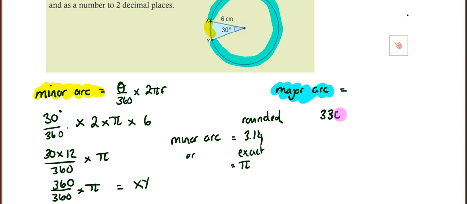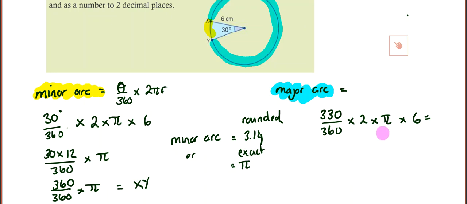So 330 over 360 times 2 times pi times 6. In a situation like this, you could rearrange it so it's 2 times 6 times pi. I'm just keeping it in terms of that. It could equally be 2r pi, but the convention is we put unknown variables after any known ones. 2 and pi are numbers that we know.